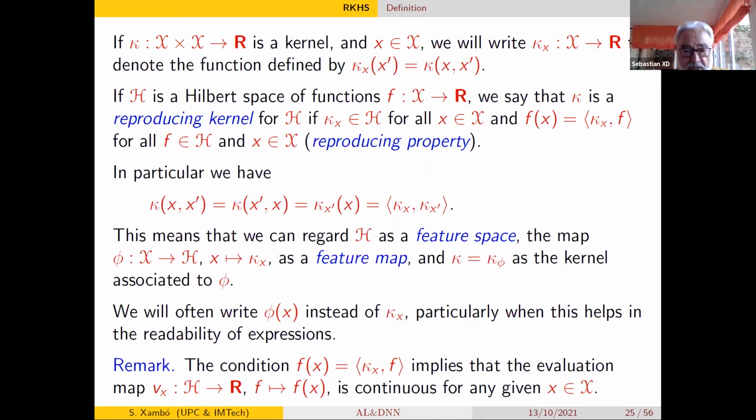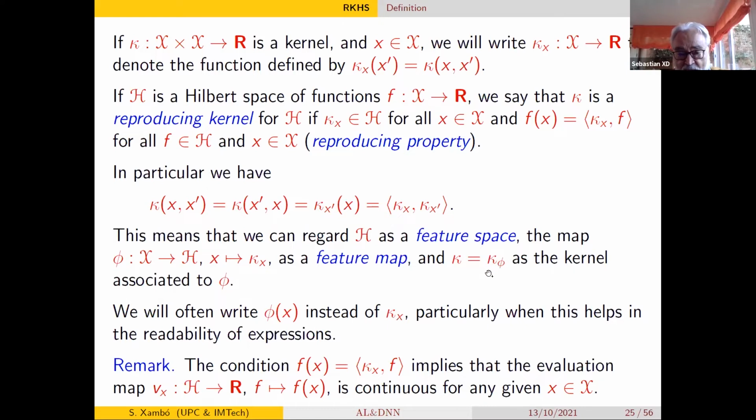This is defined in the reproducing kernel Hilbert space. Well, this means, with the terminology used before, that we can regard curly H as a feature space. We can regard the map phi from X to H that sends x to kappa x as a feature map, and by this relation, kappa is the kernel associated to phi.